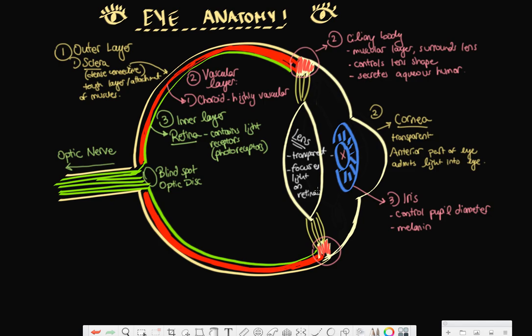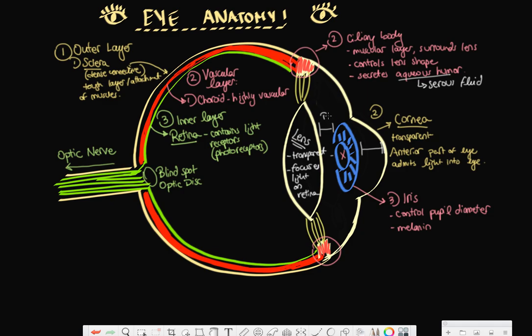Next up, let's talk about the aqueous humor that we have mentioned previously. We said that the ciliary body is going to produce aqueous humor, which is a serous fluid. This aqueous humor is going to circulate in the anterior section of the eye. The anterior region of the eye can be divided into a posterior chamber and an anterior chamber, separated by the iris.